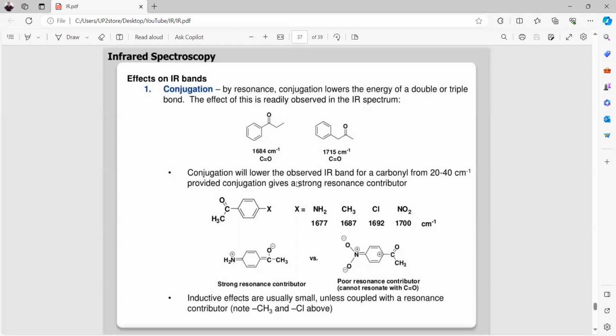Conjugation will lower the observed IR band for a carbonyl by 20 to 40, provided the conjugation gives a stronger resonance contributor.